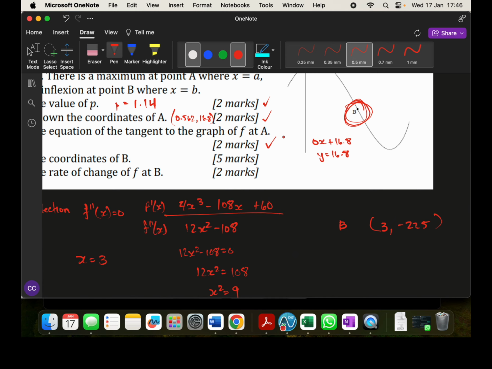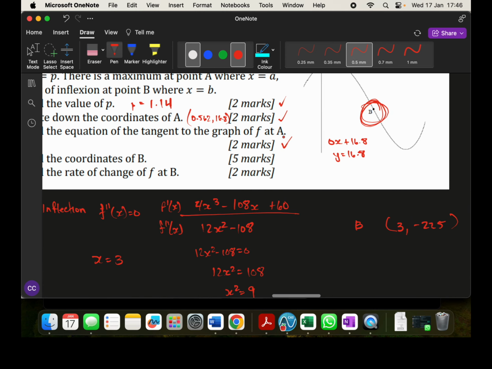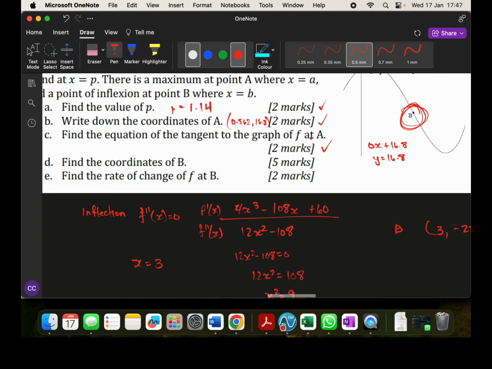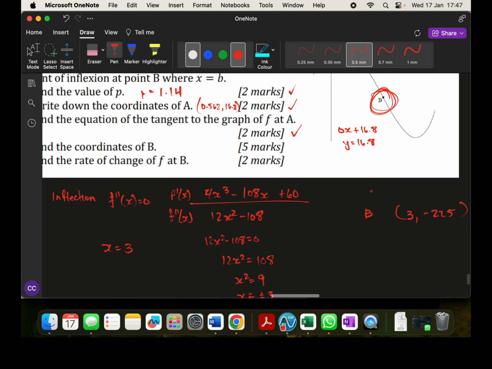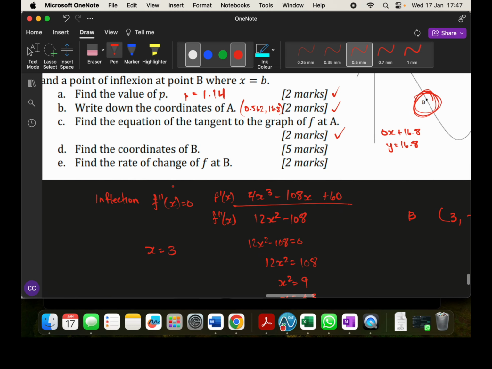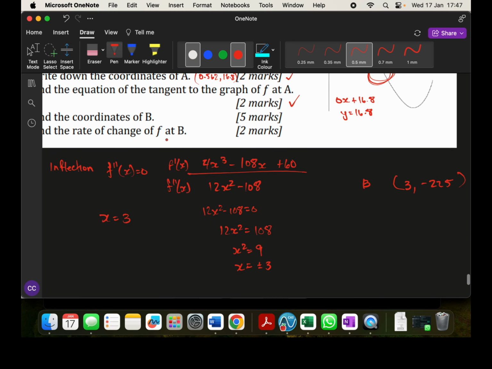We're finding the coordinates of B. Nailed it. Find the rate of change of f at B. So the rate of change of f at B is just going to be substituting in 3 here and here, and we'll get our answer.